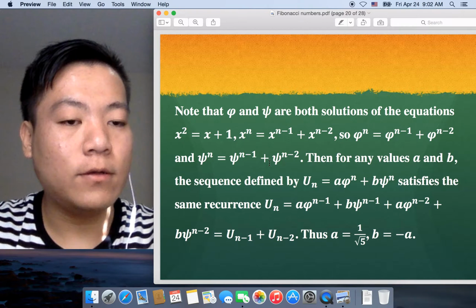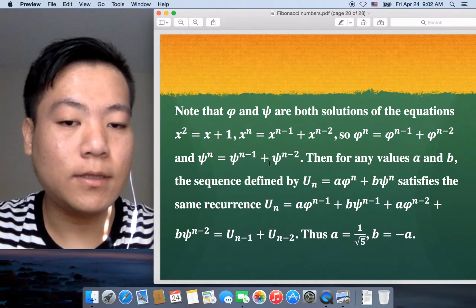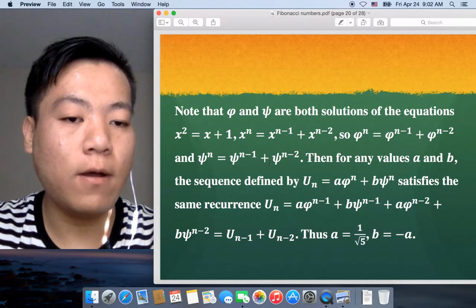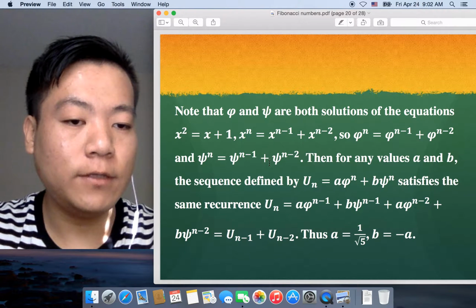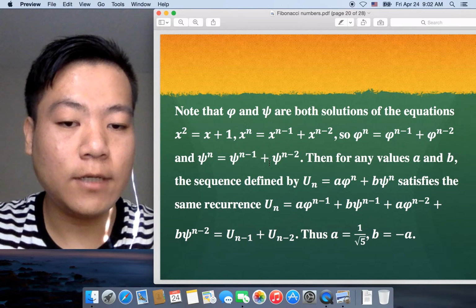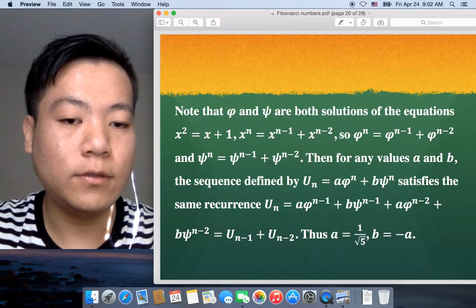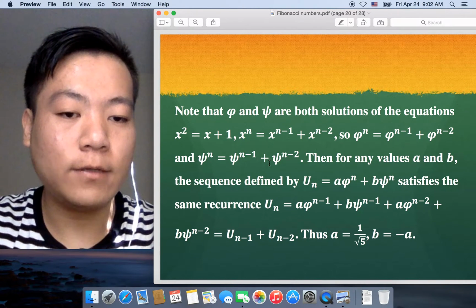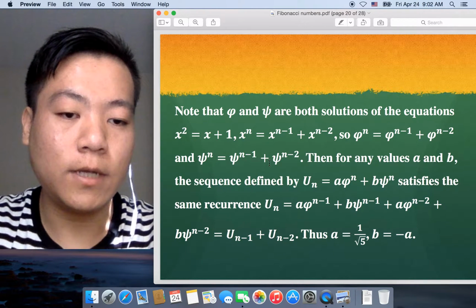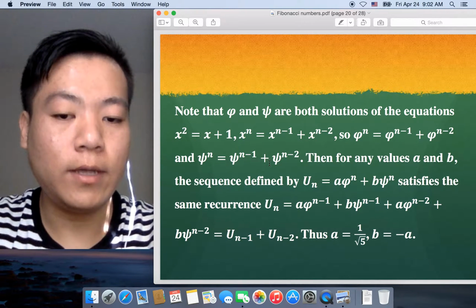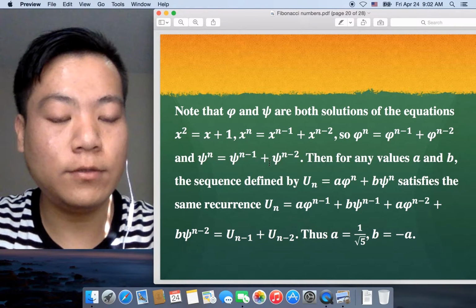Then, for any values a and b, the sequence defined by u_n equals a times phi to the nth power plus b times psi to the nth power satisfies the same recurrence: u_n is equal to u_{n-1} plus u_{n-2}.